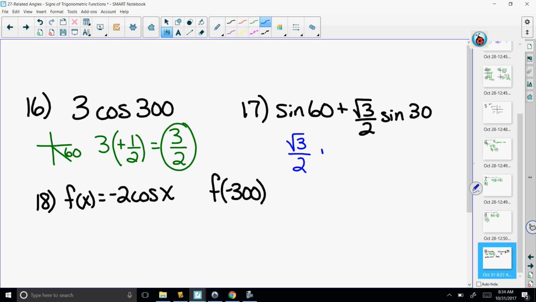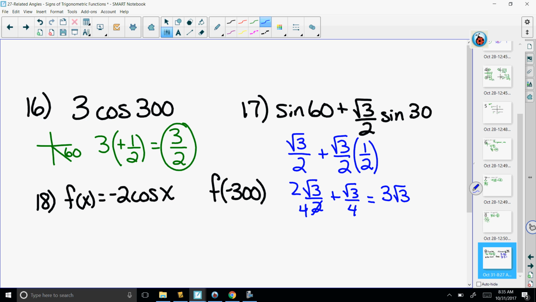Radical 3 over 2 plus radical 3 over 2 times the sine of 30, which is 1/2. So you get radical 3 over 2 plus radical 3 over 4. I look at it as 1/2 plus 1/4 radical 3. Get a common denominator, which makes that 2/4. So if you combine, you get 3 radical 3 over 4.